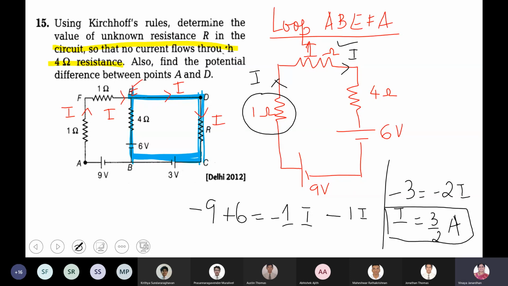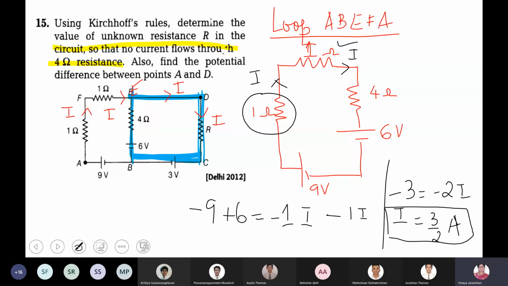Can you draw the second loop? The loop which I have highlighted in blue, that is BCDEB. Same condition, there is no current flowing through the 4 ohm resistance.